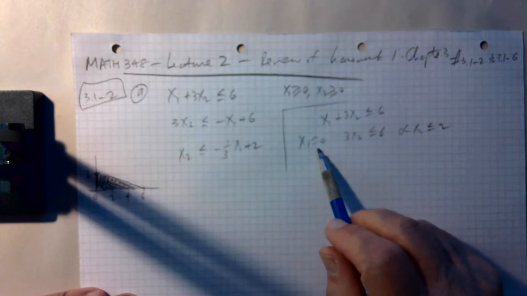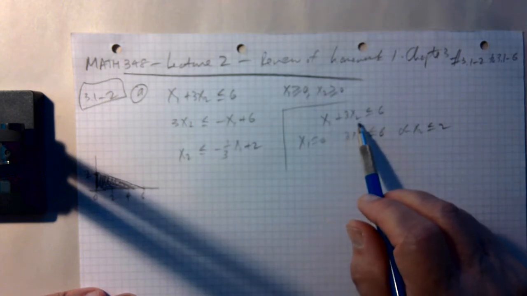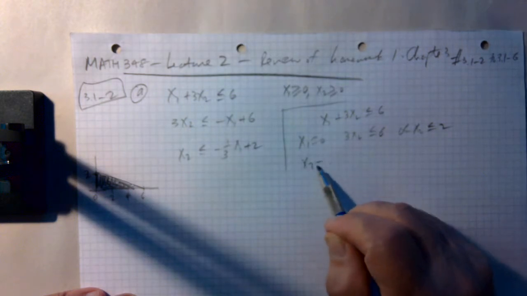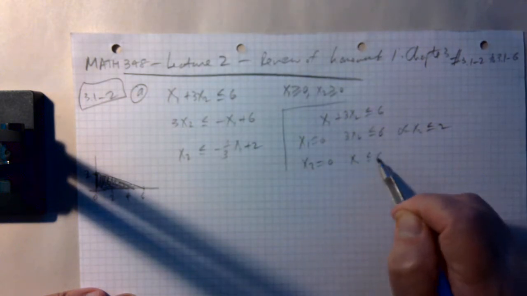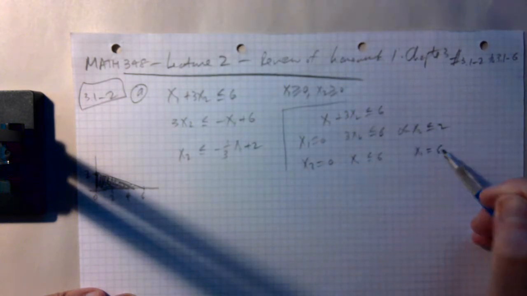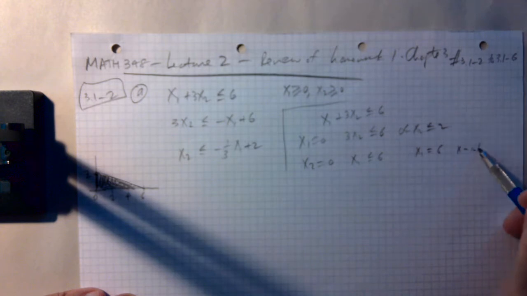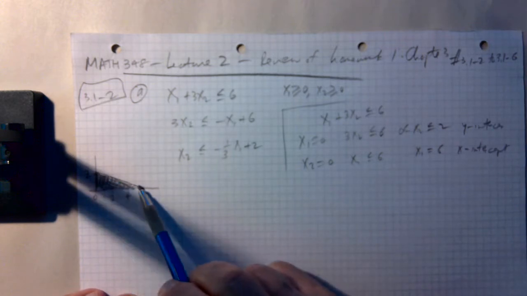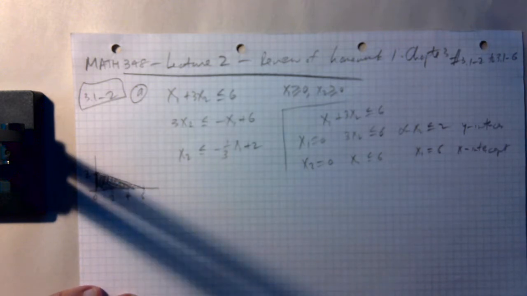So this is the y-intercept. And when x2 is 0, you get x1 less than or equal to 6. So x1 equals 6 is the x-intercept. So you could just draw the straight line from 2 down to 6. You get the same result.